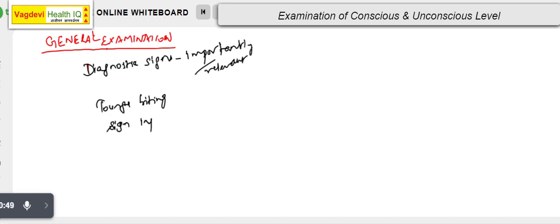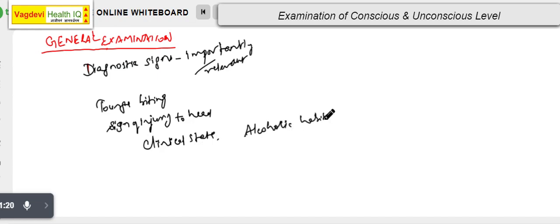Head injury is a very big chapter, we will discuss it later. Or any blood loss, or any sort of clinical state, we need to find the general clinical state, including alcoholic habits. You will find many neuro cases with alcoholic habits, like a history of it. So don't undermine this. General examination is very important.